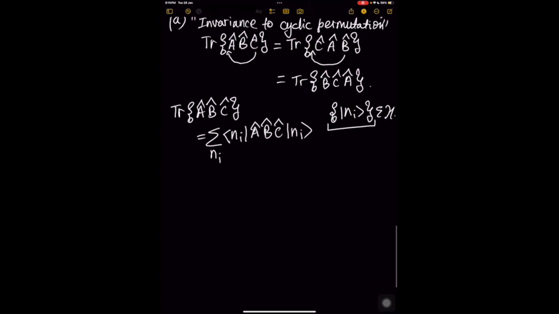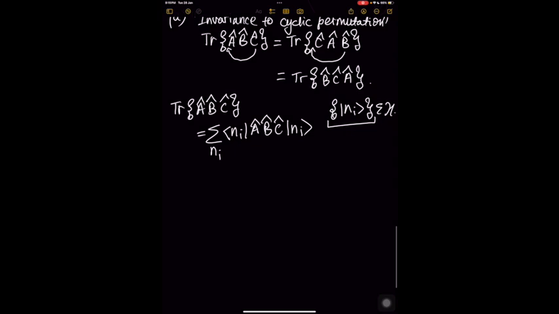Now, again, here we will exploit the resolution of identity criteria. So I put in an identity and introduce another basis which is complete, let's say m sub i. And what I get after that is something interesting.